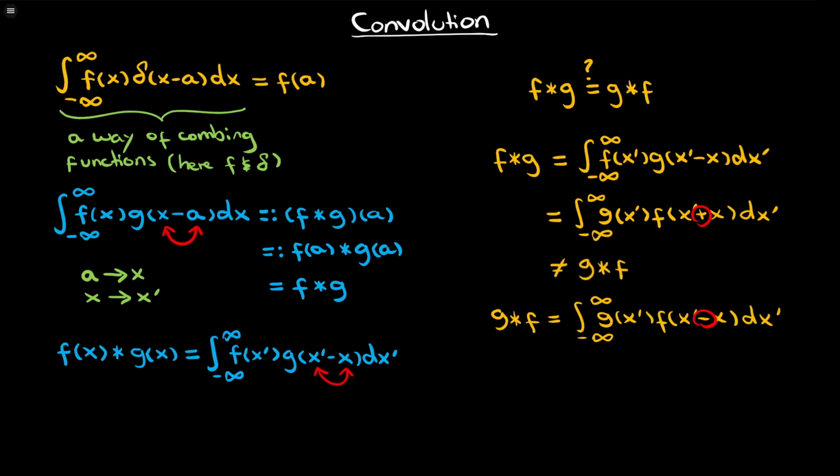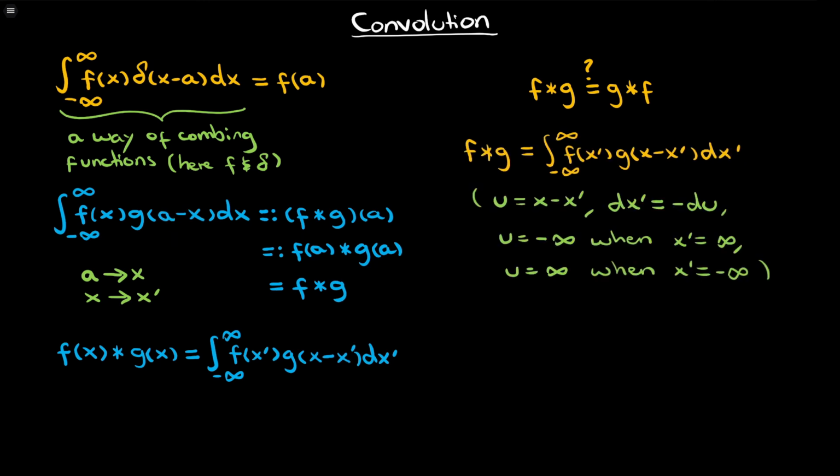But how about we redefine this operation where we change the order of subtraction in its definition? Then, if we look at f star g and do the substitution u equals x minus x prime, and working through the details, we find that f star g is equal to the integral between infinity and minus infinity of f of x minus u times g of u multiplied by negative du.